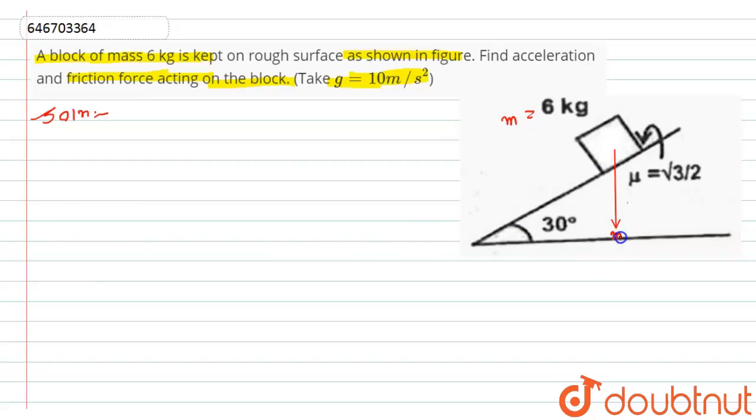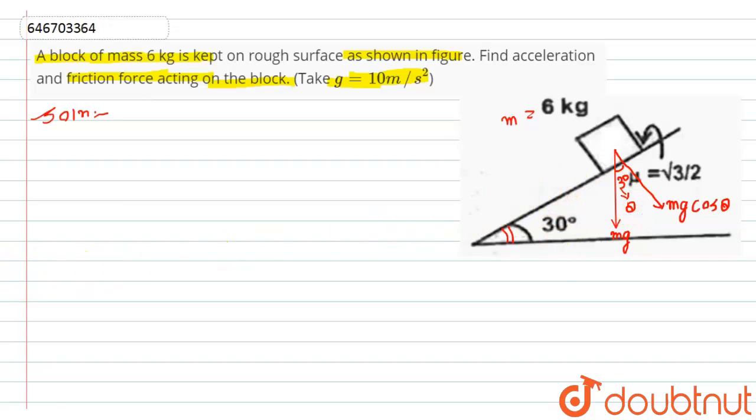Now if we resolve this force into two components because of the inclined surface, one component will be in this direction at an angle of 30 degrees, and this component will be mg cos theta, where theta is this angle which we have as 30.